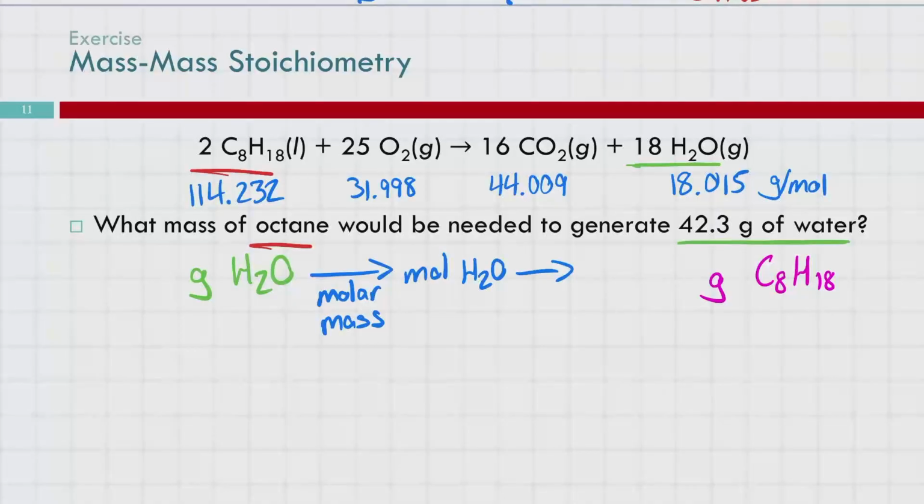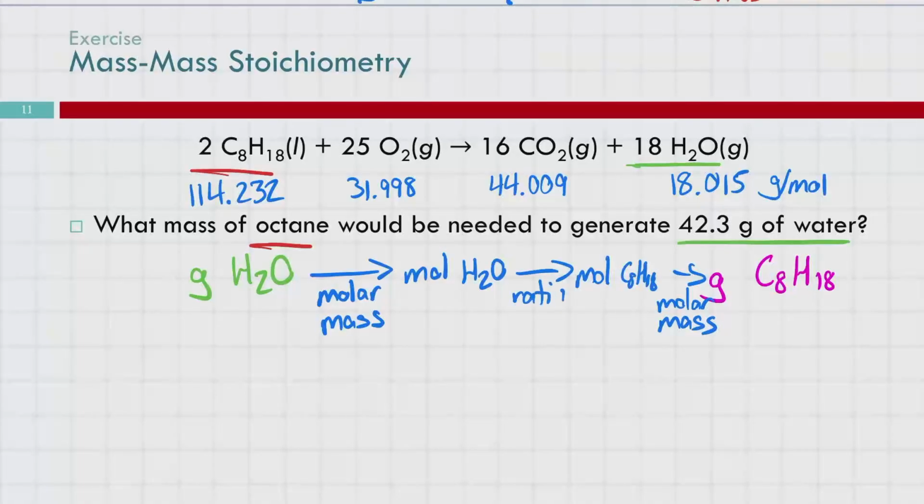So we go to moles of H2O, and now we're in moles, and moles lets us use our stoichiometry, our ratio of our 2 things that we care about, the octane and the water. And that lets us figure out, because of our ratio between the water and the octane, how many of the octane we must have had to get a certain number of moles of H2O. We can go to moles of octane, and then at the end, we have to bring it back to grams of octane, C8H18, and that's also using molar mass.